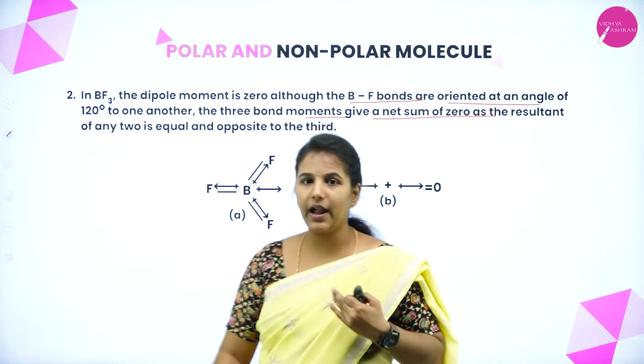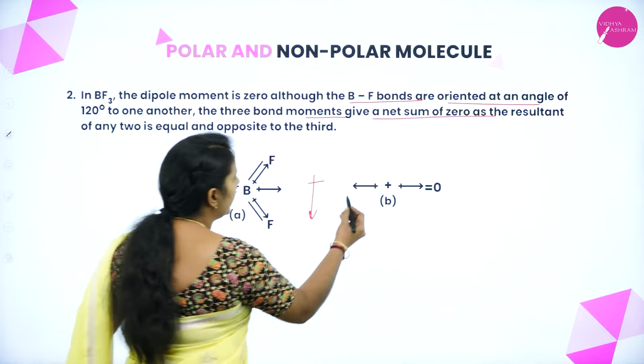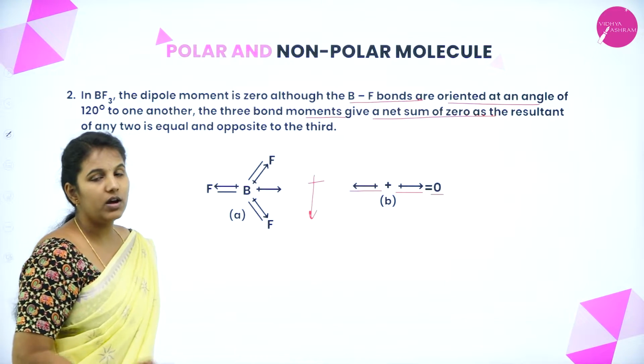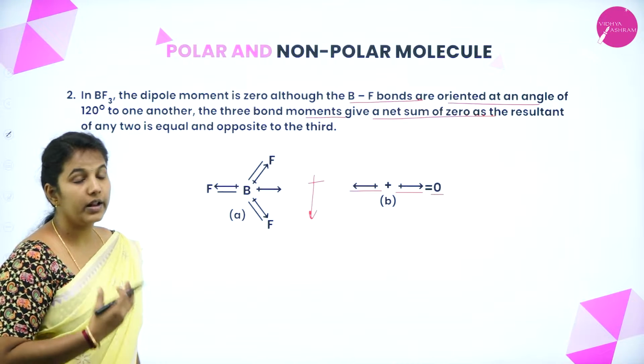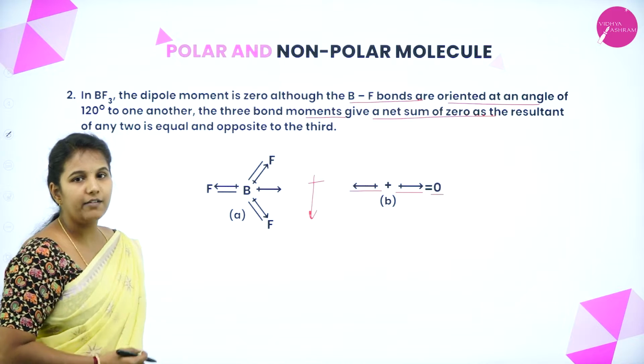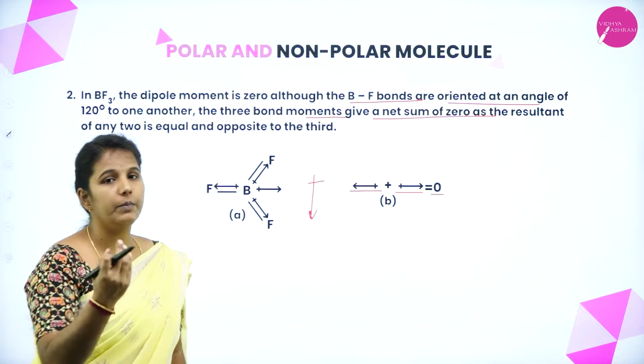So, if you consider any such structure, you can clearly understand that their dipole moments will cancel each other. Hence, they have a 0 dipole moment. Even though these two elements are dissimilar and have a covalent bond between them, their dipole moment will be 0.